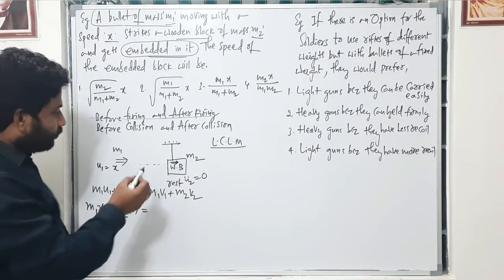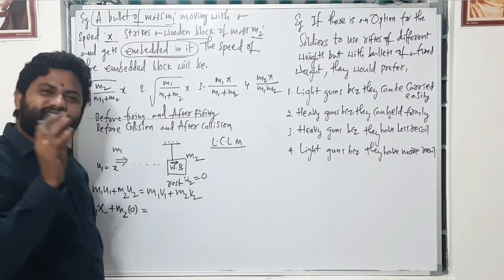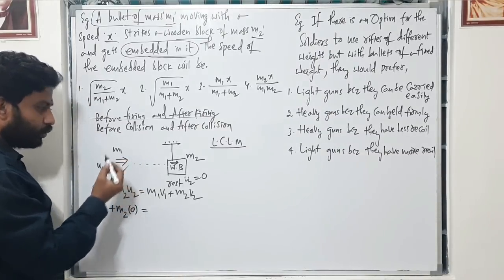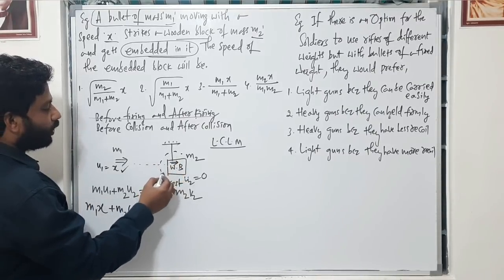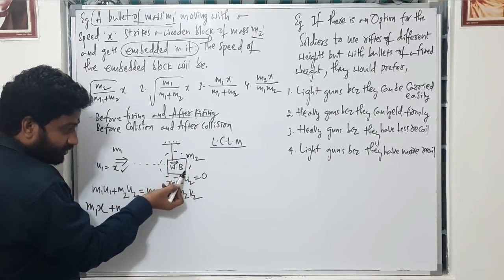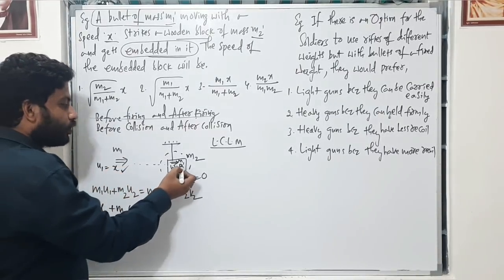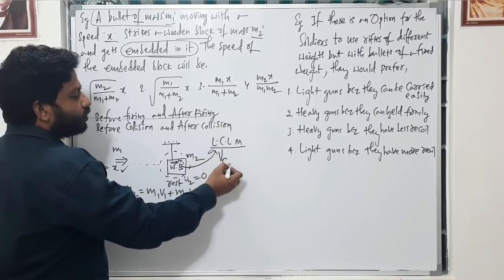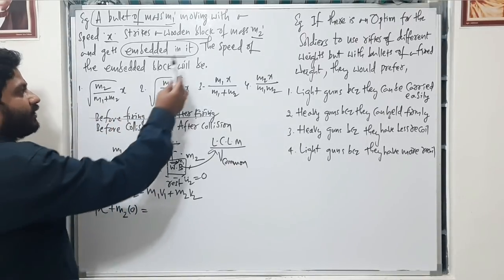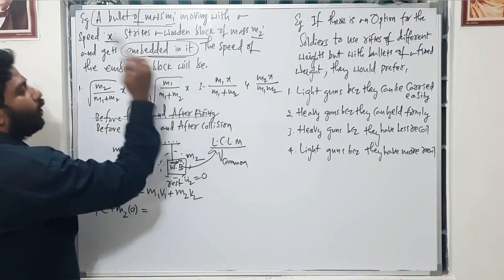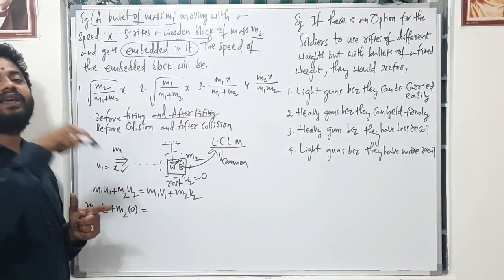I have told you already, in this case, for some time, depending on the velocity of the bullet striking the wooden block, both the bodies, m2 is this body and m1 is inside of it, so the combination of m1 and m2 together will move with some velocity. That is called the common velocity. That's what they ask: the speed of the embedded block will be. Embedded block means the block which has the bullet inside it.